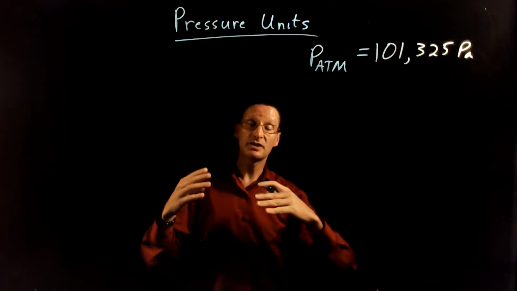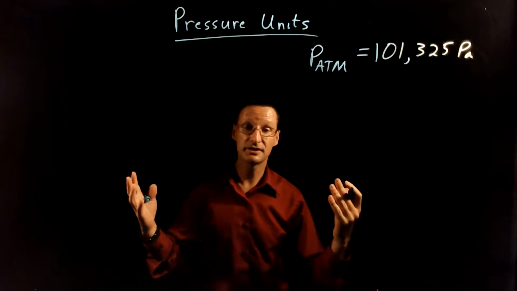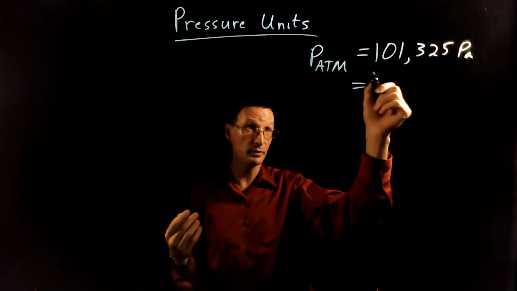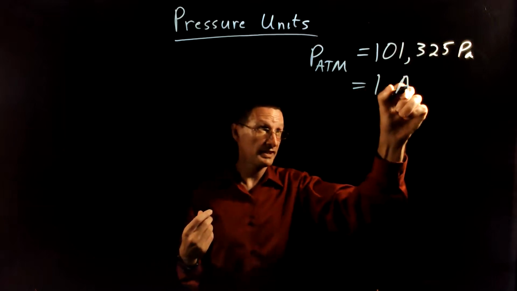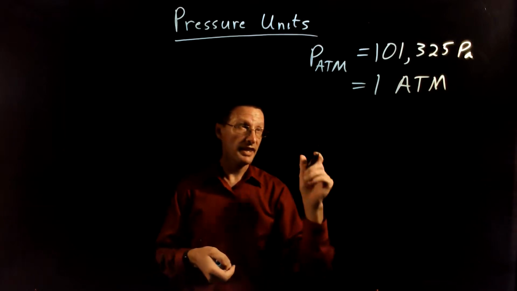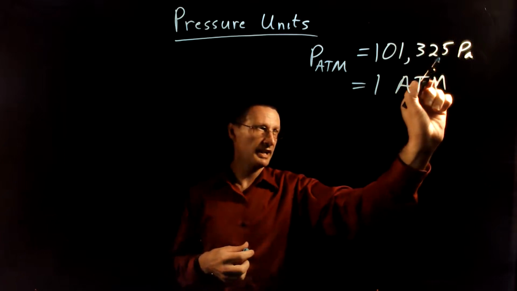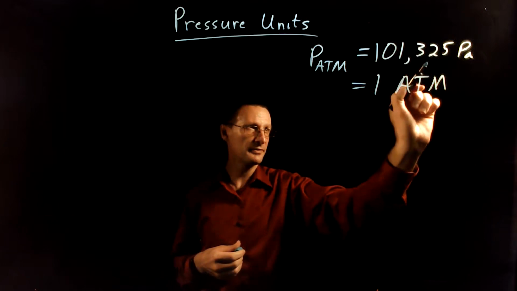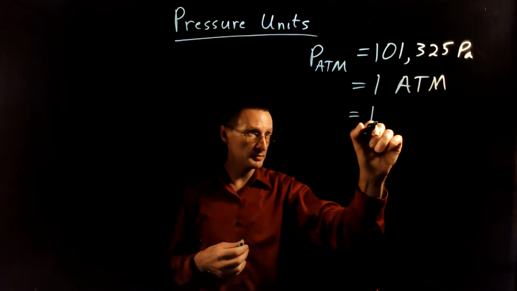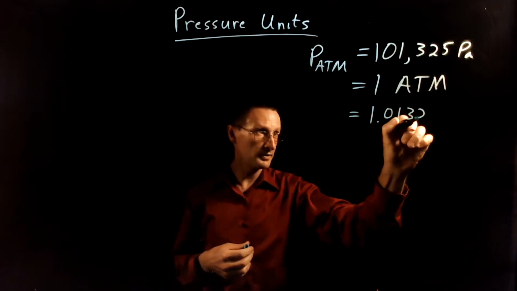Of course, we can also talk about how many atmospheres, like is it 2 atmospheres of pressure, is it 3 atmospheres of pressure, and so it's natural to invent a unit called the atmosphere, which is 1 atmosphere is 101,325 pascals. Then once you invent this, a very clever person thought, hey, if I just move the decimal place 5 times, that gives me 1.01325.